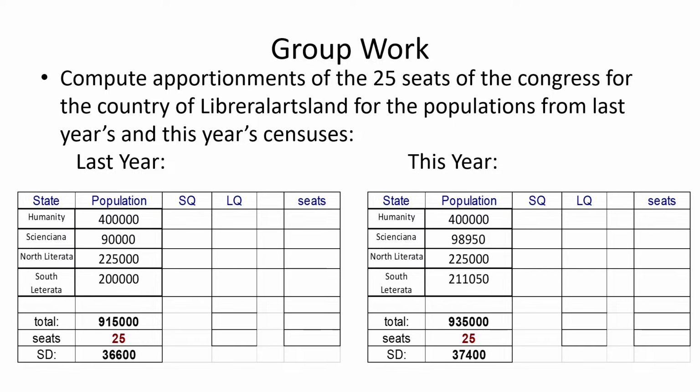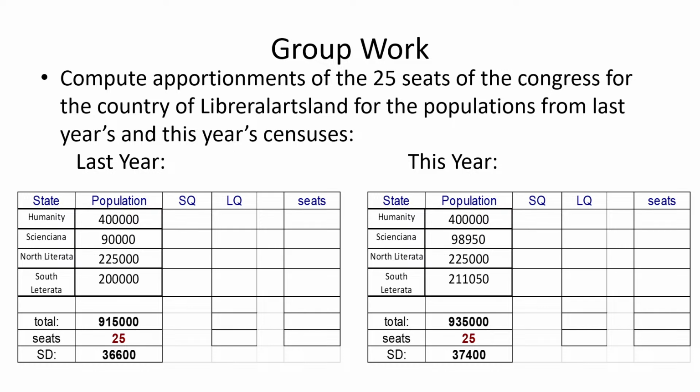And over here, you'll notice that the populations for these two, Scienceana and North Literata, have increased. And so when we did the apportionments, what did you find between the two after you've increased? Like, did anything unexpected happen?